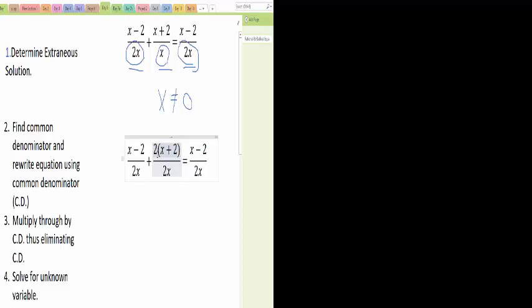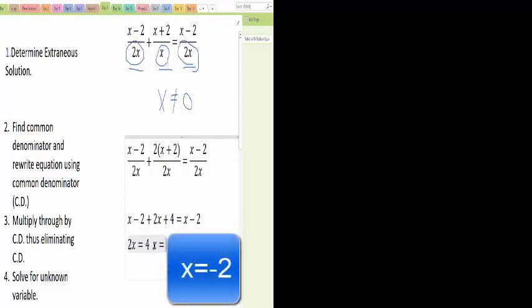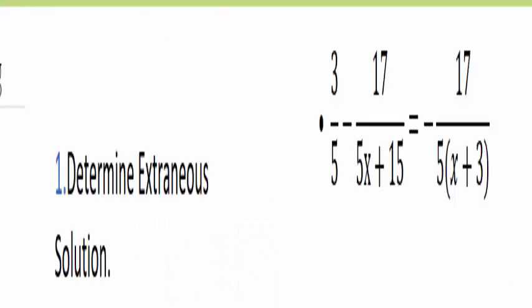Each fraction is multiplied by 2x, which cancels our denominator. So we're left with a very simple equation to solve. And then we solve this equation to find x. And our solution is x equals 2. Our extraneous solution was x cannot equal 0, and of course 2 is not 0, so we're good to go. This is our solution. We're going to try one more problem.